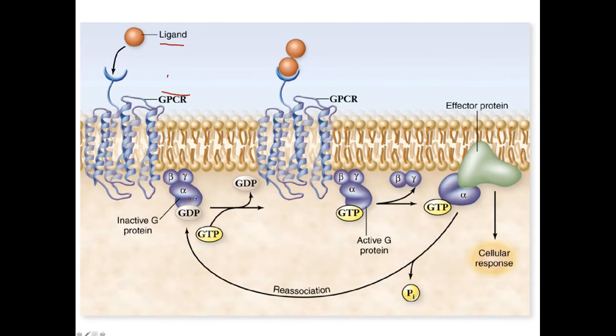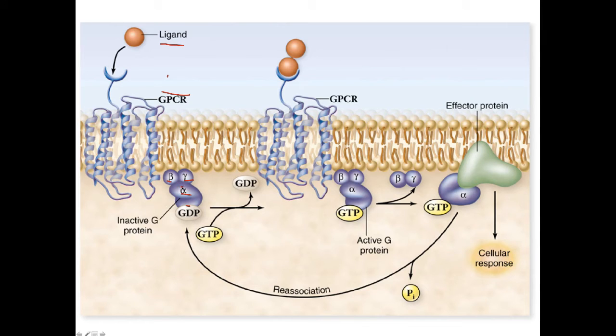Now, the G proteins that we're talking about here are heterotrimeric G proteins. That is, trimeric means that there are 3 different subunits: the beta subunit, the gamma subunit, and the alpha subunit. And heterotrimeric means that although it's a trimer, each protein chain of the trimer is different.